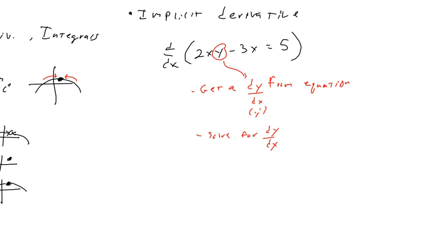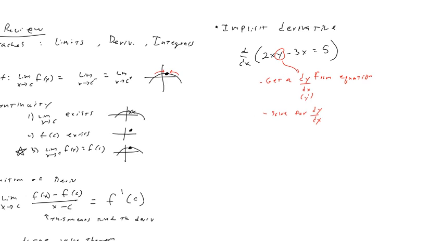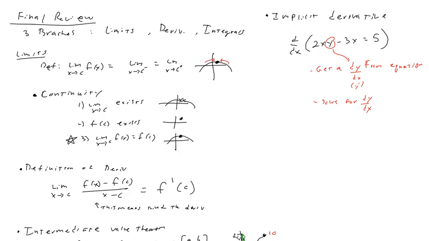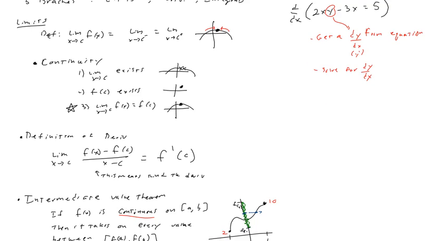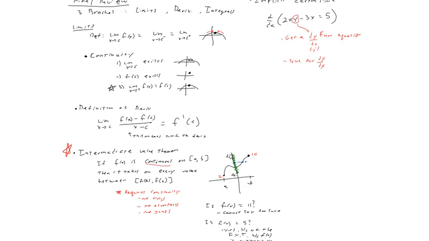All right. Got it, everyone? It's a lot of stuff. Key things. The intermediate value theorem is a key thing. Let me highlight these key ones. Intermediate value theorem is a key one. The mean value theorem is key.